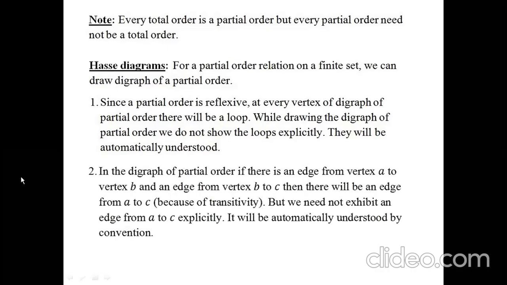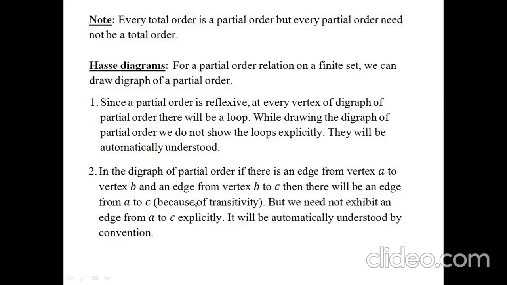Second condition: in the digraph of a partial order, if there is an edge from vertex A to vertex B and an edge from vertex B to vertex C, then there will be an edge from vertex A to vertex C. This is because of the property of transitivity.